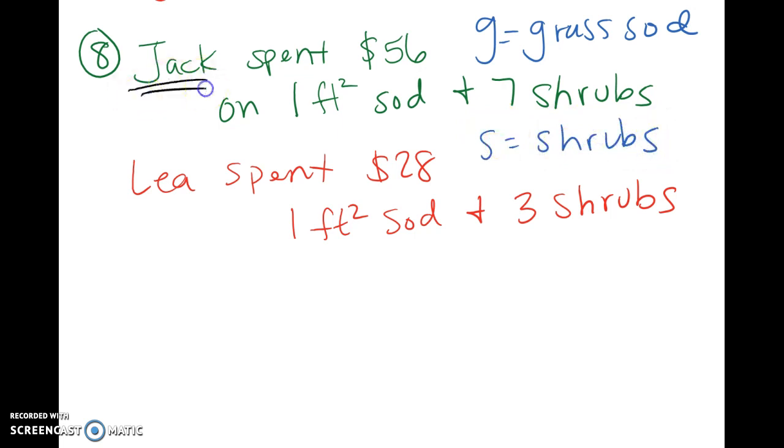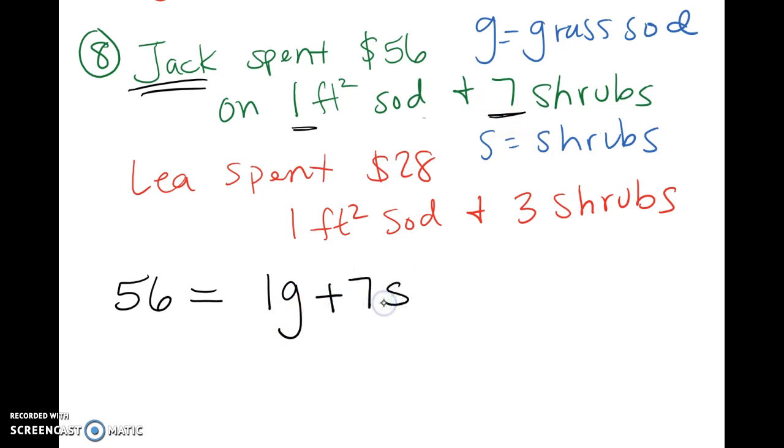So let's write an equation for Jack. How much total did he spend? $56. So $56 was equal to, how many sod did he buy? Grass sod? 1, right? 1 foot of grass sod. So 1 G, and then how many shrubs? Plus 7 S.